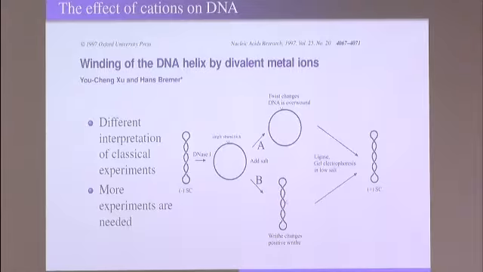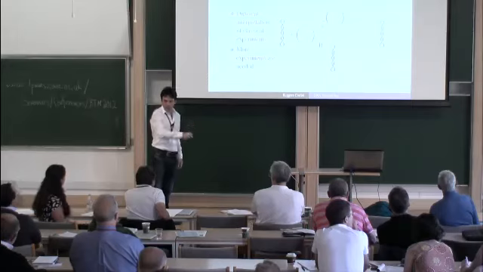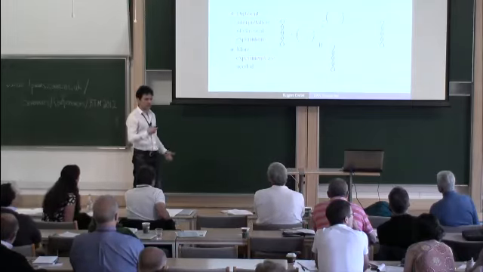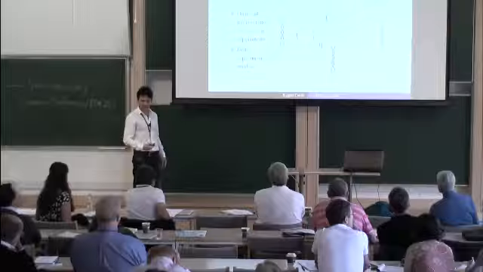The experiments performed there are that negatively supercoiled DNA is taken from cells, nicked, and then salt is added, like these divalent metal ions, and then the DNA is religated and run over gels. And what happens at the end is that positive supercoiling is detected.